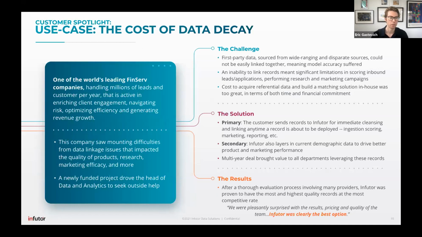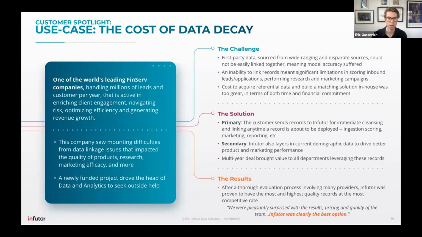For them, again a multi-billion-dollar company, they first were looking to acquire referential data and build a matching solution in-house so they could handle this themselves. They found that, both in terms of time and financial costs, the cost was too great.